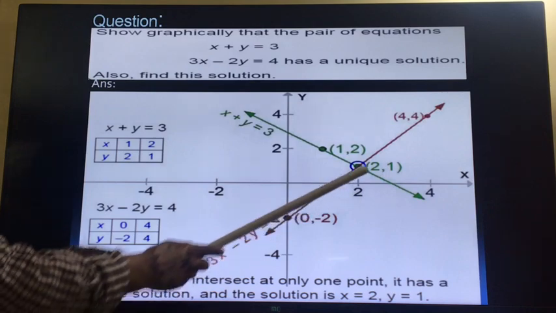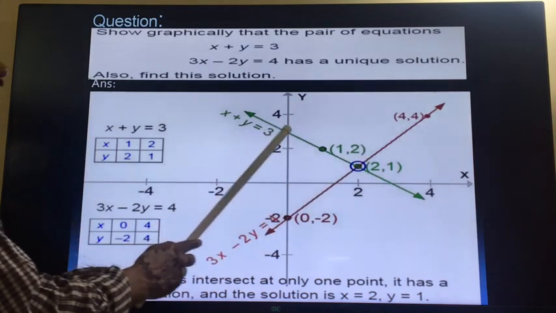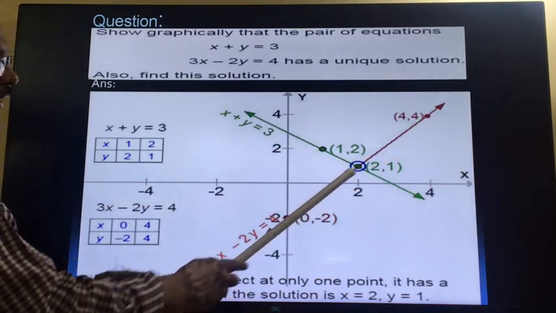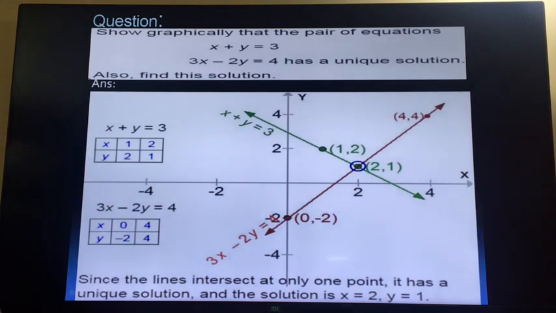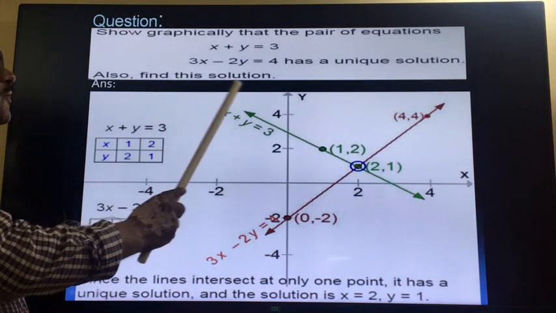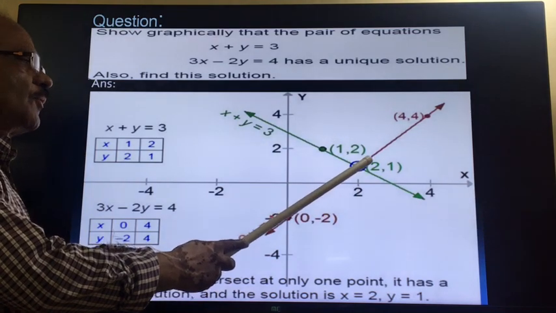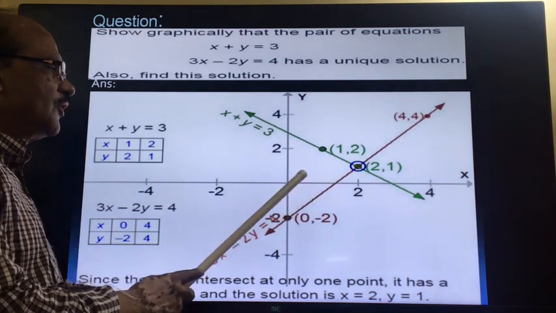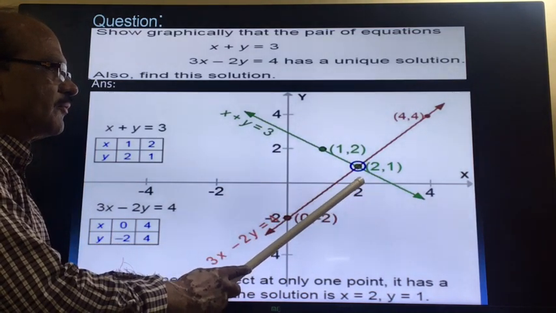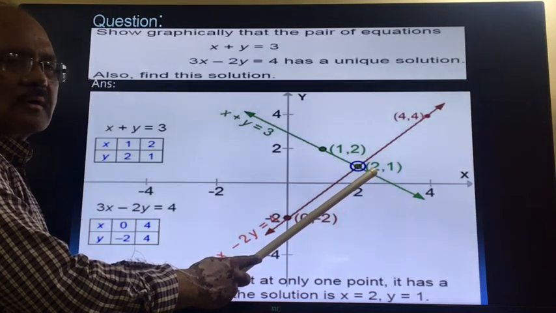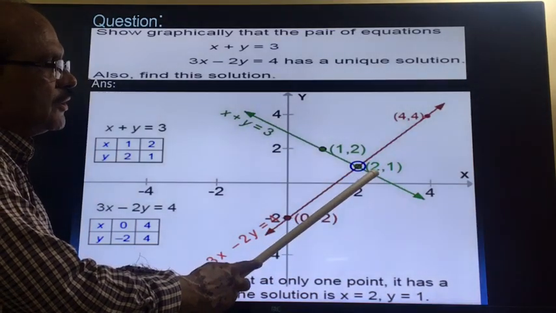After plotting the graph, we observe both the lines are intersecting at one point, so we can say it has a unique solution. After that we have to find this solution. To find it, we will find the value of the point of intersection. At this point, the value of x is 2 and the value of y is 1, so the coordinate of this point is 2 and 1.